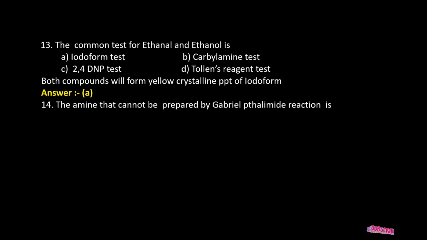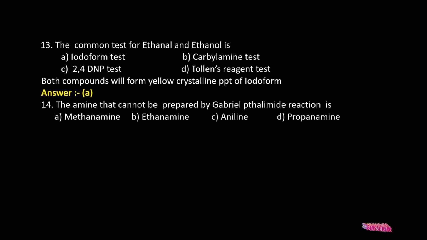Question number 14. The amine that cannot be prepared by Gabriel phthalimide reaction is A. methanamine, B. ethanamine, C. aniline, D. propanamine. Dear friends, this Gabriel phthalimide reaction is a method of preparing aliphatic amines but not aromatic amines. Therefore, the correct answer for this is option C, that is aniline.